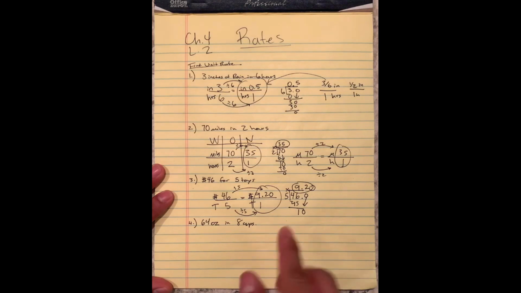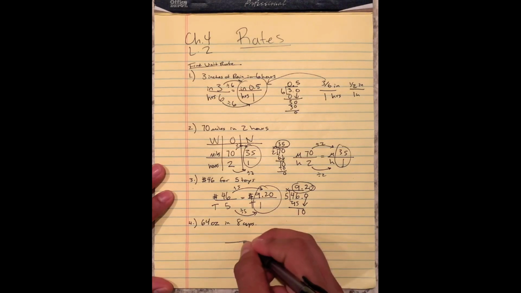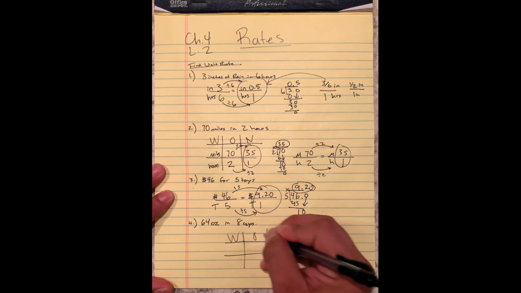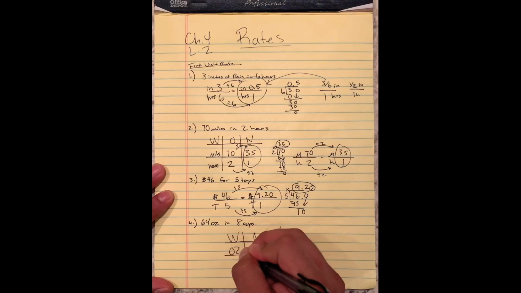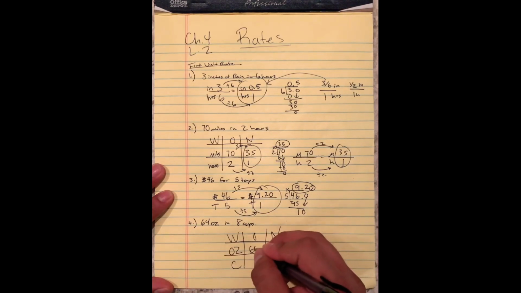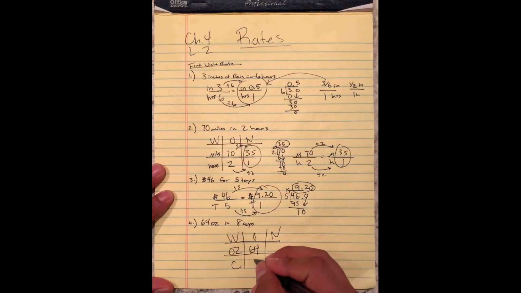64 ounces and 8 cups. You know what? Let's use a hashtag on this one. Ounces, cups. Original number for ounces, 64, and 8 for cups.